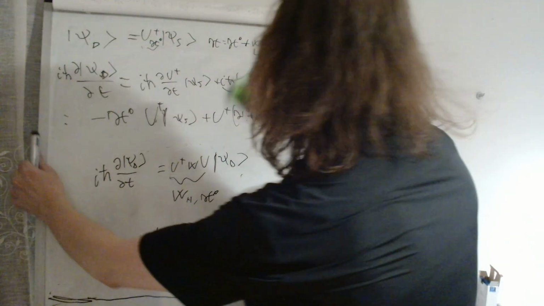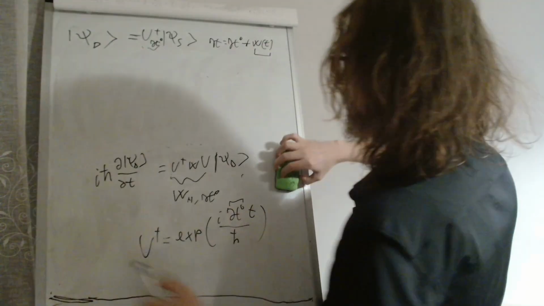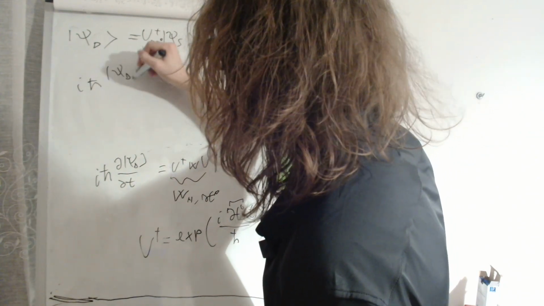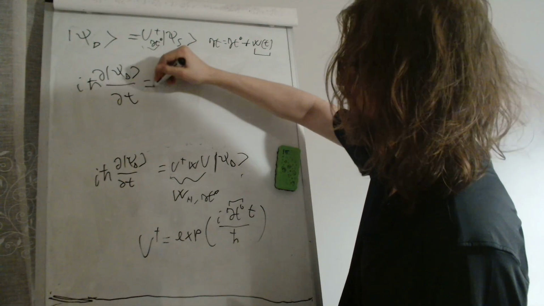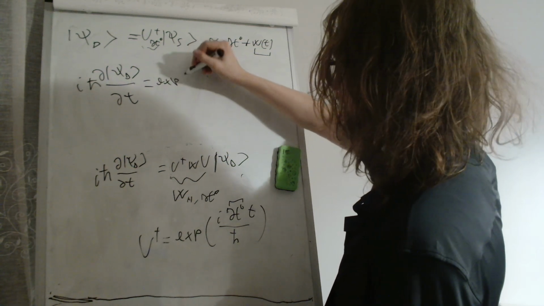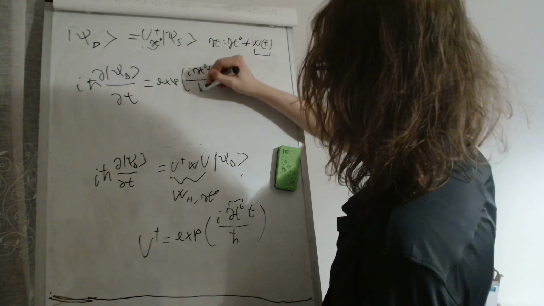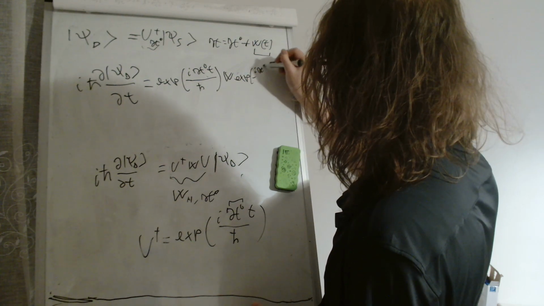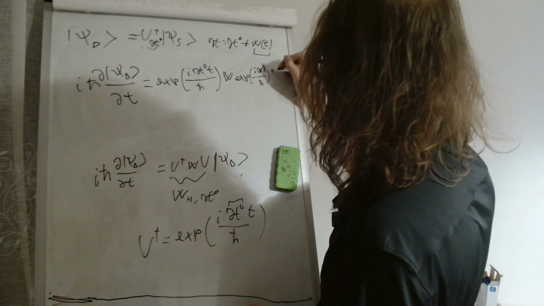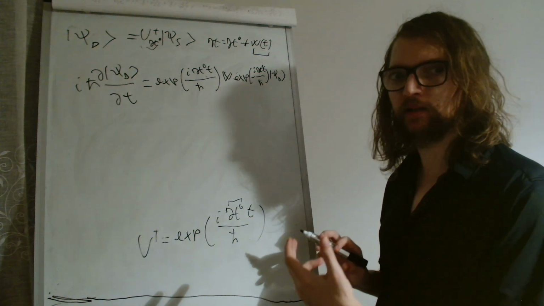So we can now write this explicitly with the exponential, and we have the equation i h bar dψ_D/dt equals exponential of i H0 t divided by h bar, W, exponential of minus i H0 t divided by h bar, times ψ_D. Now let's take the time independent problem.